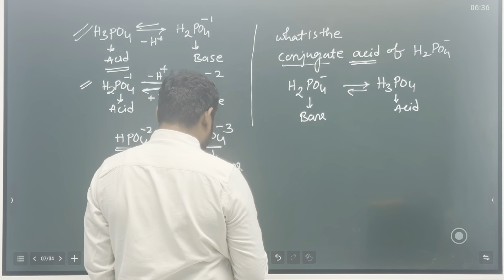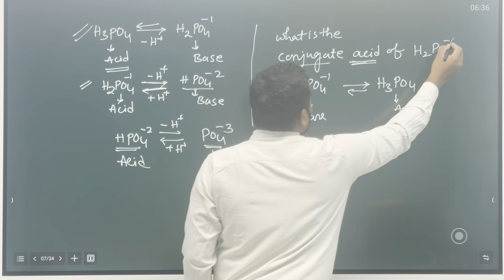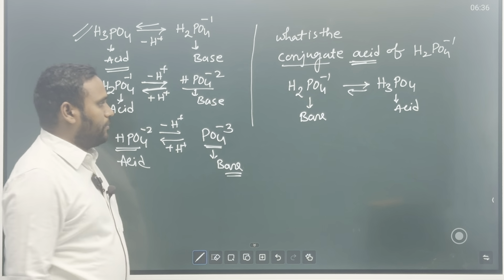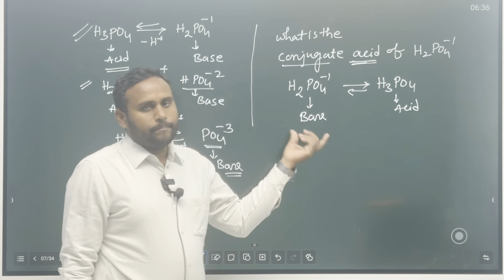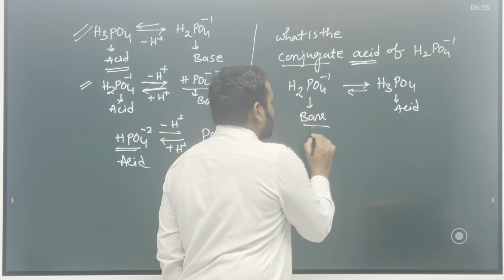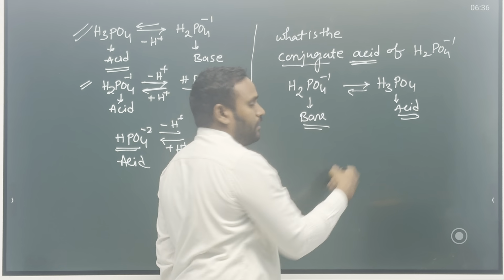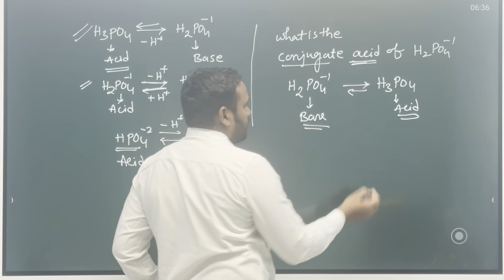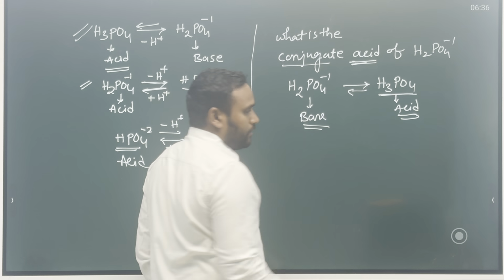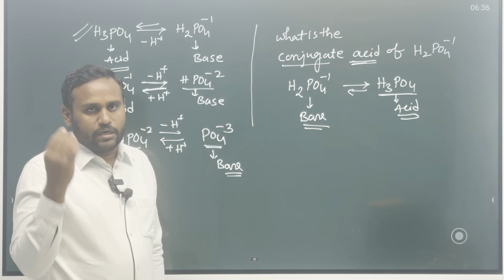So now here our H2PO4 minus acts as base. If it is base, the acid must have one proton extra, so we write H3PO4. Keep this in mind.